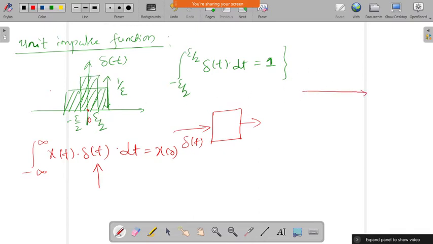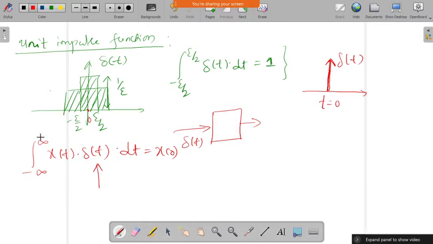That's why many times we denote the impulse simply like this, at t equal to 0, if it is del of t. So now at t equal to 0 only, this impulse function will be 1.